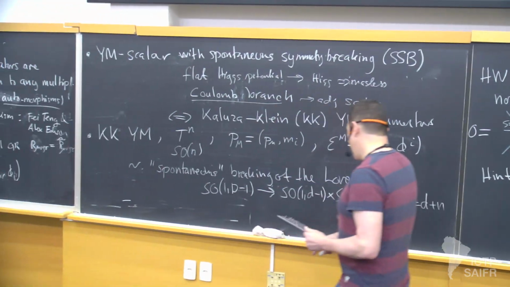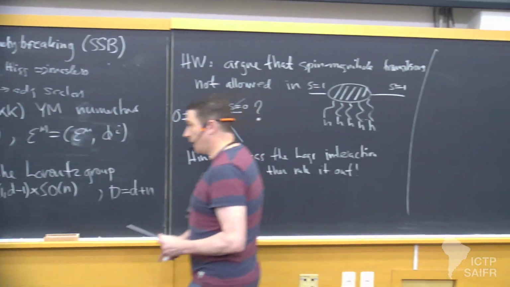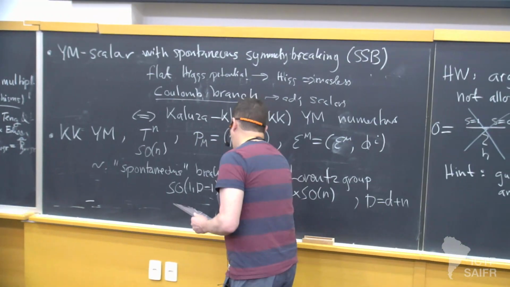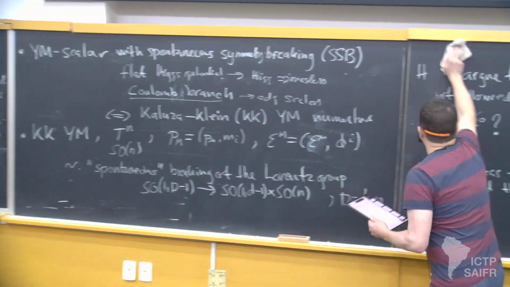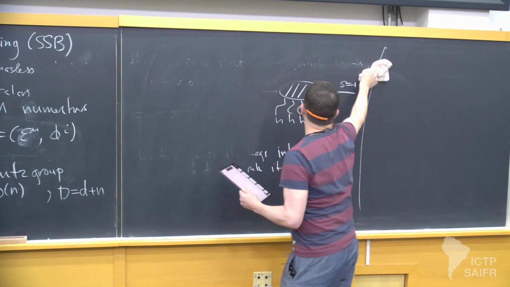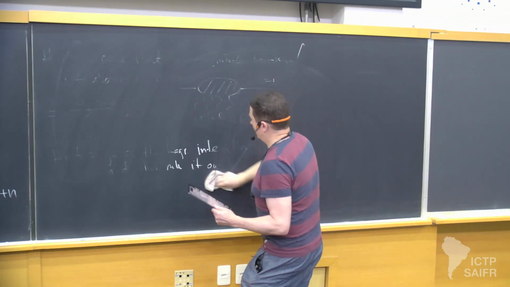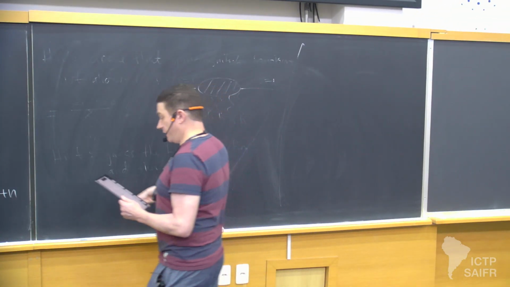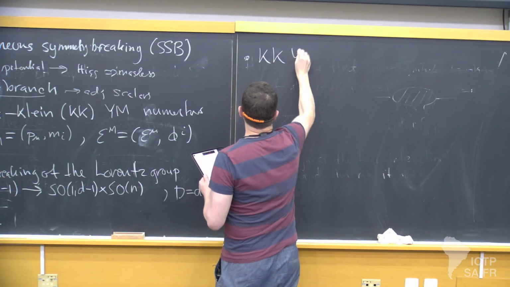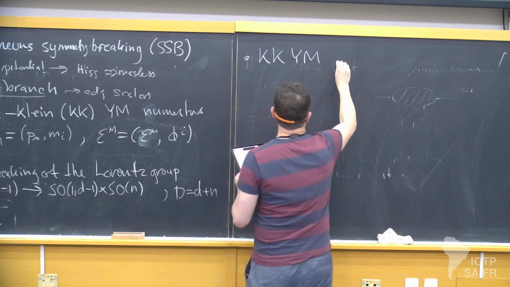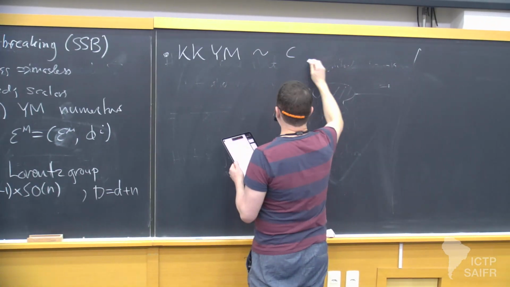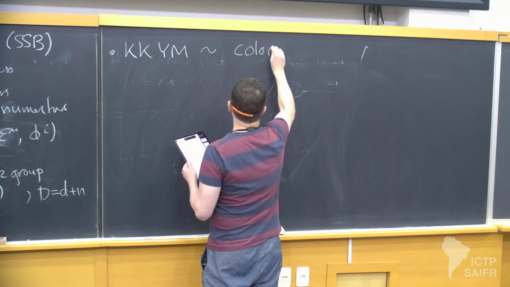And so you see that seems quite similar to how we break gauge groups. So in fact, we can think of Kaluza-Klein Yang-Mills as having a breaking in the kinematic factor, but not in the color factor.